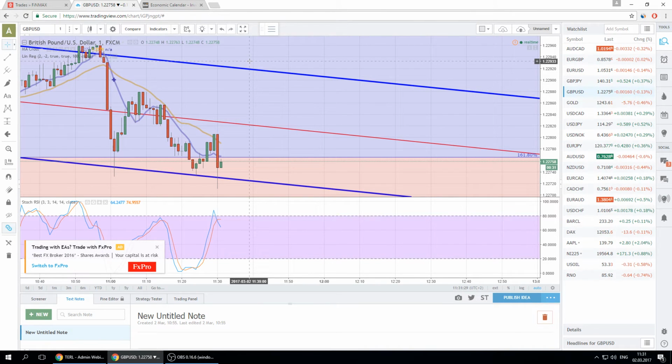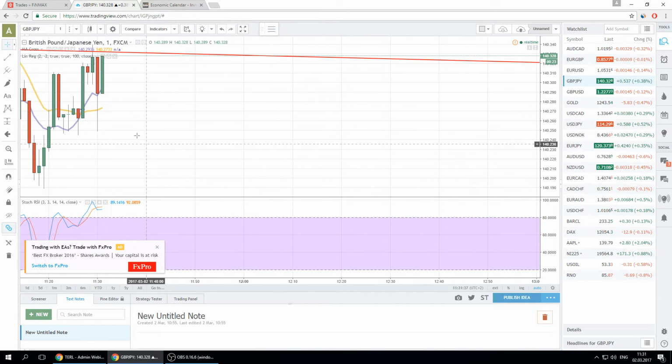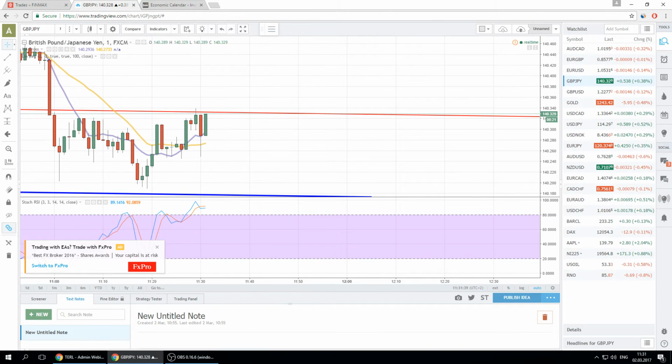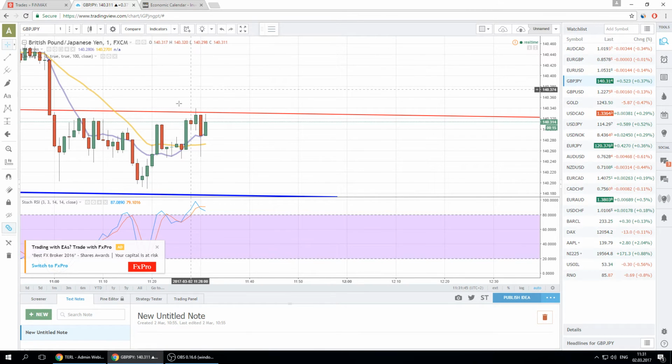Not much motion even in 1 minute time frame. Well, that can be the positive push to open a bit longer term trade for British pound.